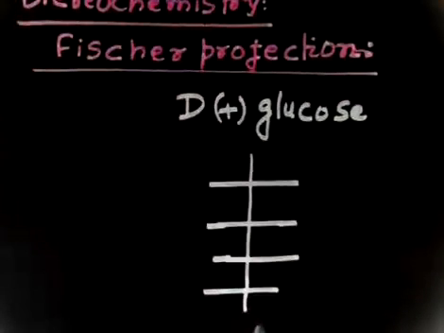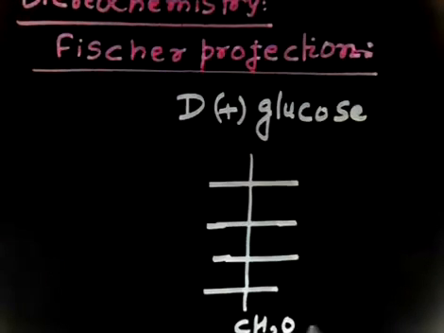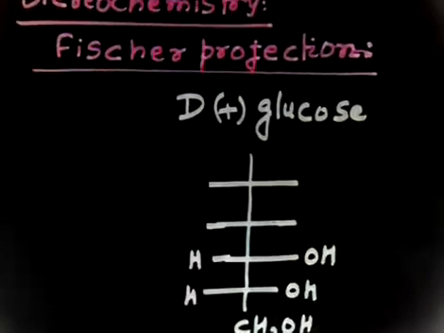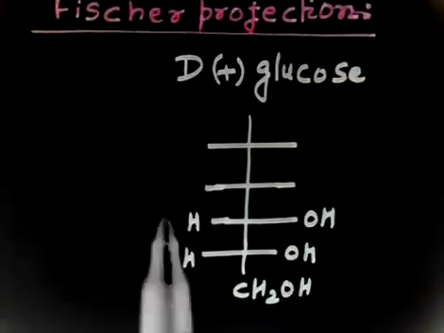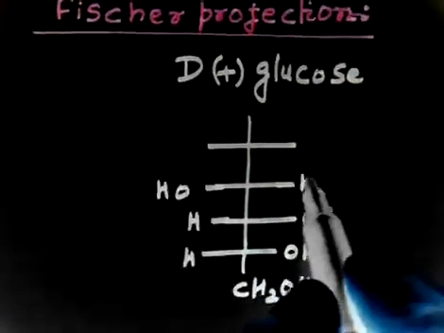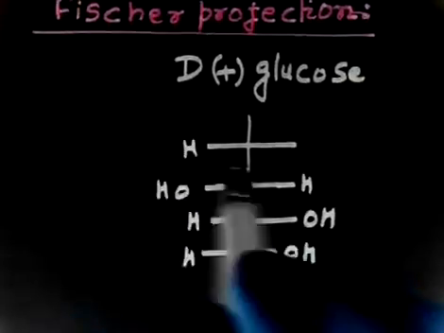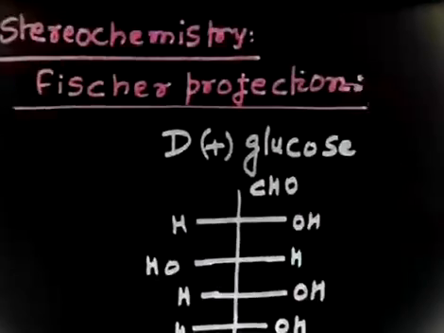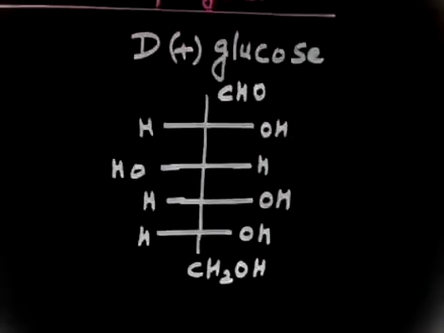Here we have CH2OH, H, OH, H, OH, and then OH, H, H, OH, and CHO. So this is the Fischer projection formula for D plus glucose.